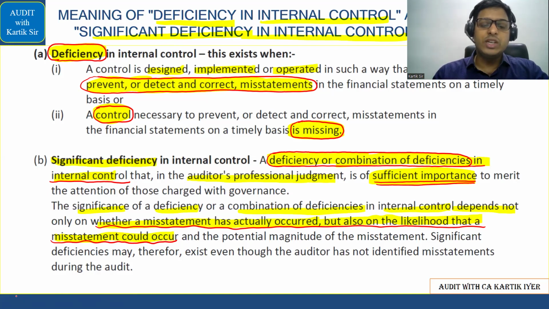The significance of a deficiency or a combination of deficiencies depends not only on whether a misstatement has actually occurred, but also on the likelihood that the misstatement could occur. So the auditor may identify the significant deficiency either after the problem has been caused, or when the auditor can foresee that a problem can be caused in the future, and will then inform the TCWG. So it can be either before the problem or after the problem has occurred.